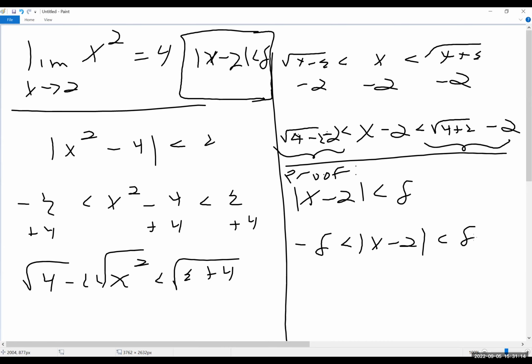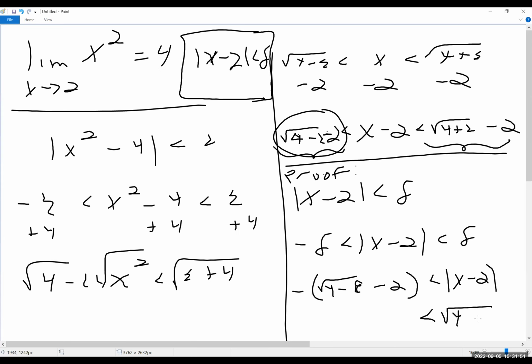And then I'm going to take this piece, which is on the left. So this is minus the square root of 4 minus epsilon minus 2, because that's my delta, and less than absolute value of x minus 2 less than the square root of 4 plus epsilon minus 2.